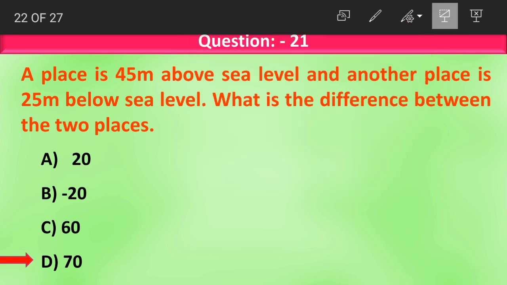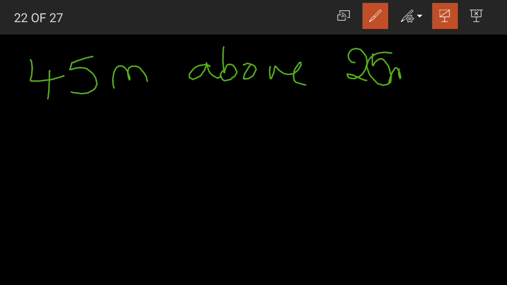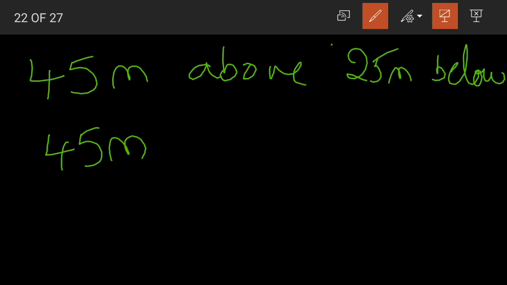I'll explain how. What is the question saying? One place is 45 meters above sea level and the other is 25 meters below sea level. Now this will be 45 meters, and if you remember our first class about integers, what did I say about using integers in our daily life?